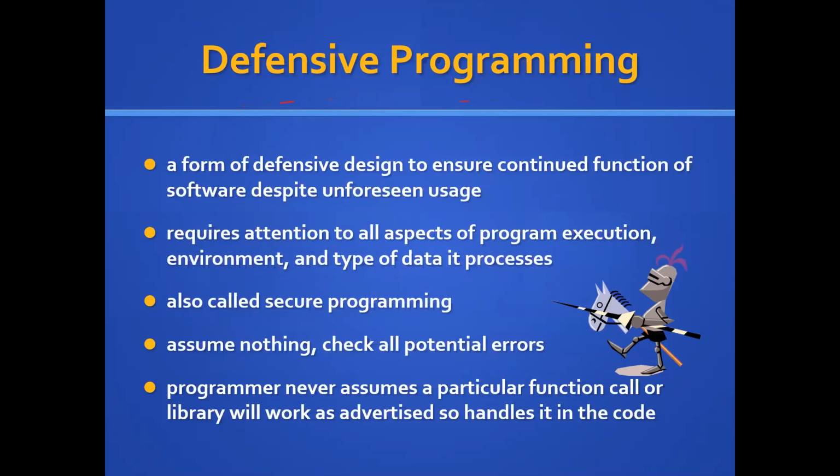So defensive programming is a form of defensive design to ensure continued function of software despite unforeseen usage. It requires attention to all aspects of the program execution environment and type of data it processes. It's called secure programming. And basically you assume nothing, and here's the key word, you check all potential errors.